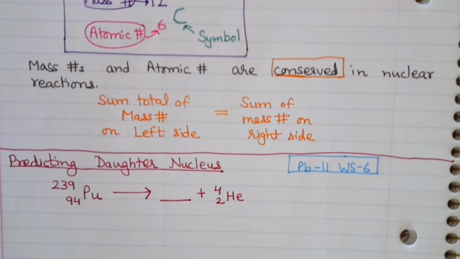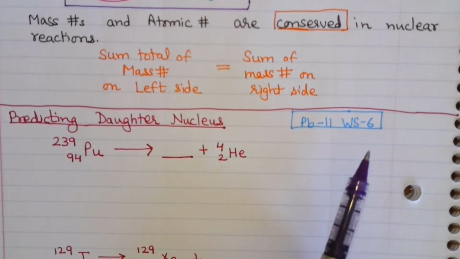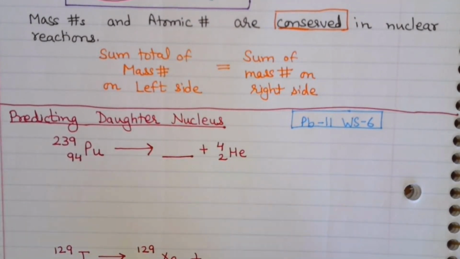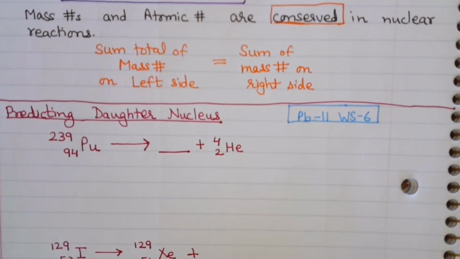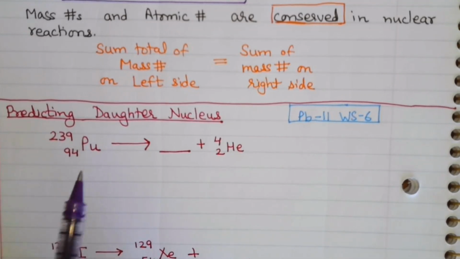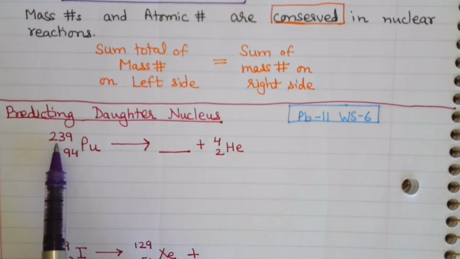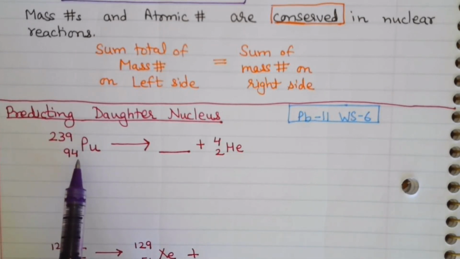This is problem number 11 on worksheet number 6. Let's do this problem and see if we can do that. We are given an isotope of plutonium. The mass number is 239 and the atomic number is 94.